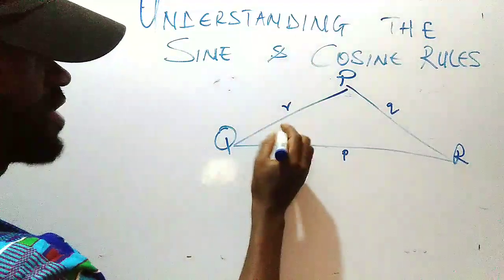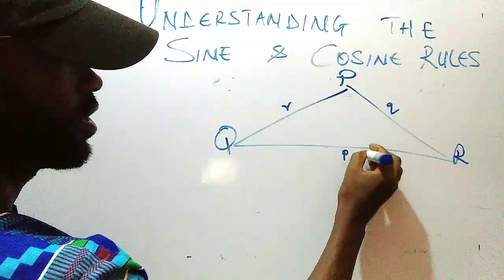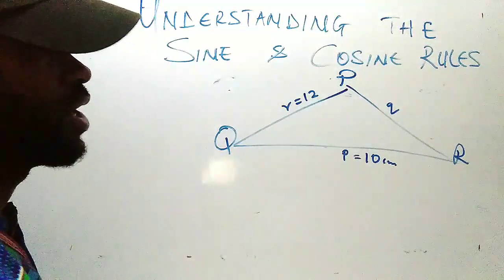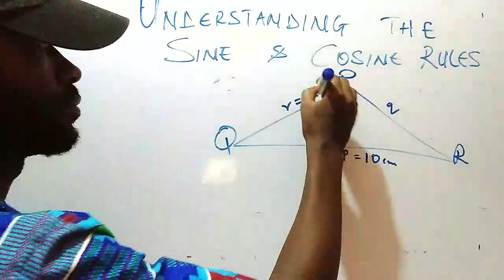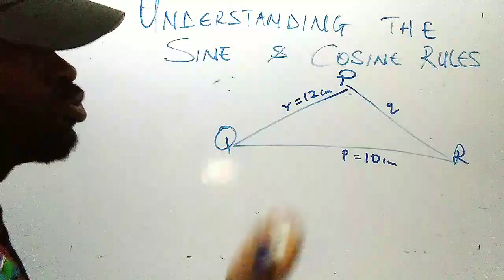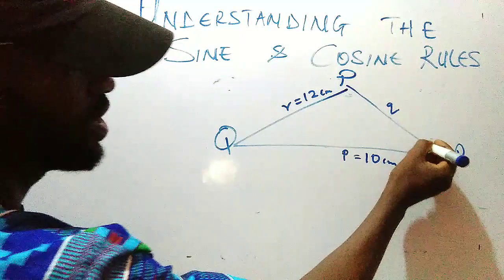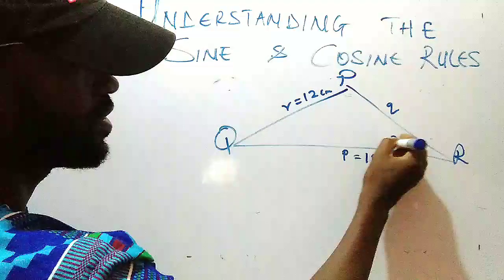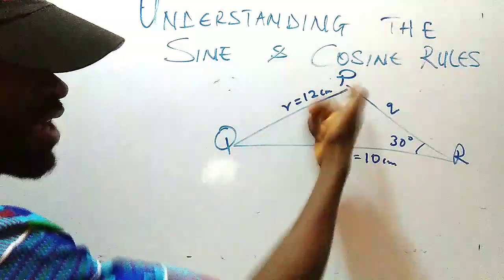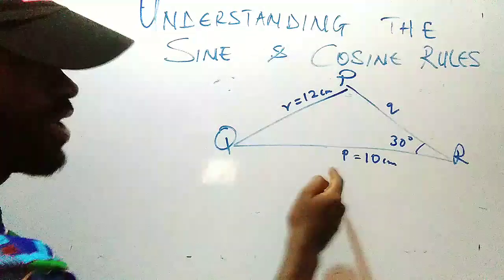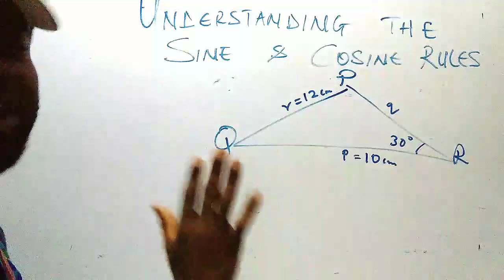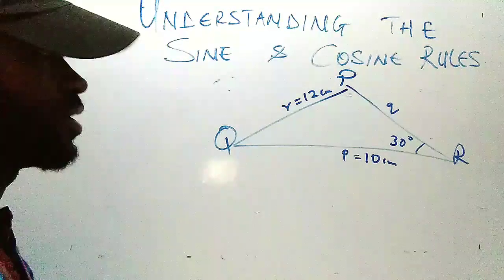So if you are given side P as 10, you are given R as 12, and then you are given an angle, the angle should be opposite one of the sides given. Let's say 30 degrees. You can see this angle is opposite this side. So we have two sides and an angle opposite one side, and we can apply the sine rule.